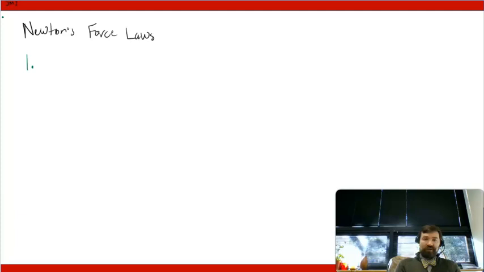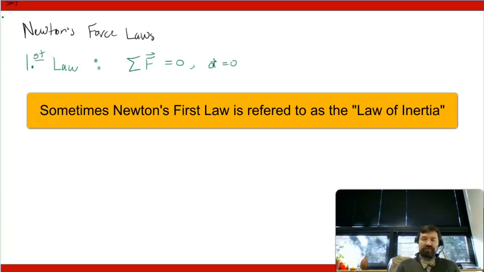So number one, or if you prefer, first law, basically says that mathematically, if the sum of forces acting on an object is 0, then the object is in equilibrium, meaning that the acceleration of the object is 0.